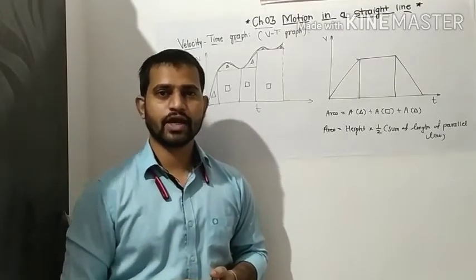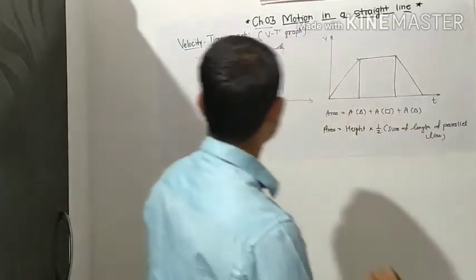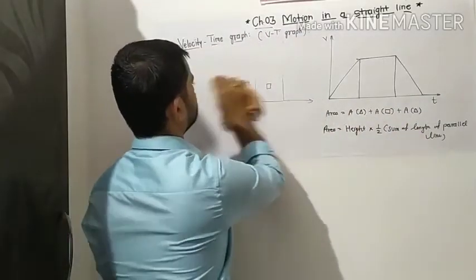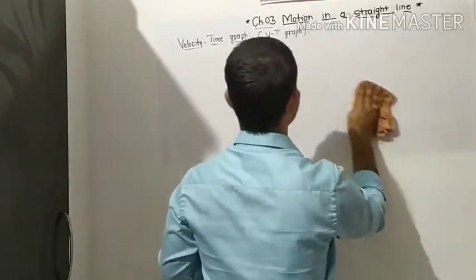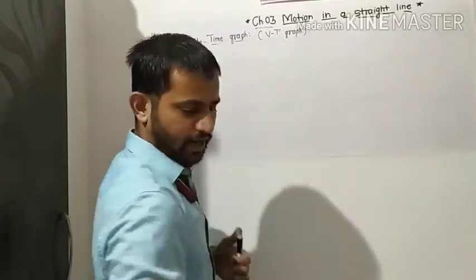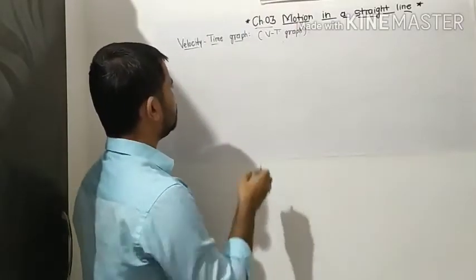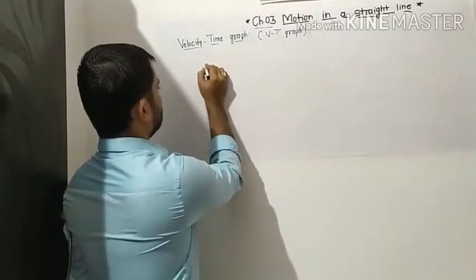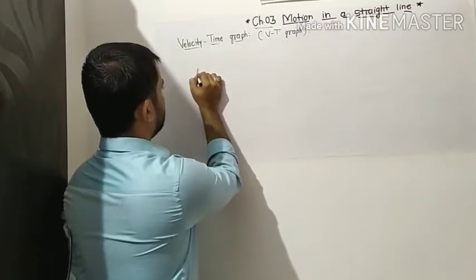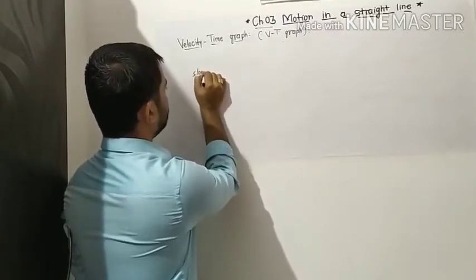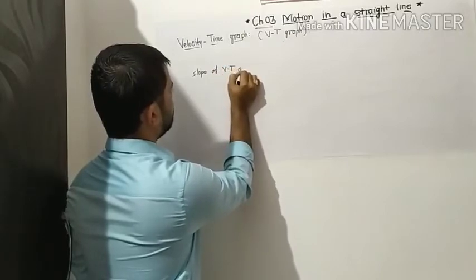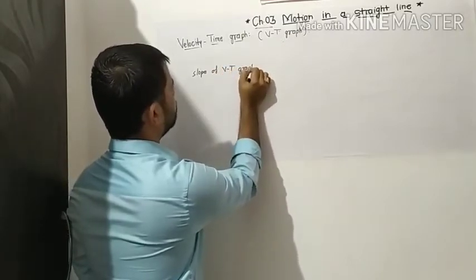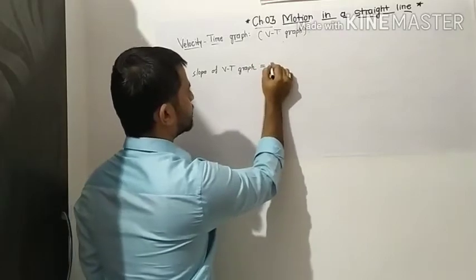So we can write down the summary between the XT curve and the VT curve: the slope of the VT curve or VT graph is equal to acceleration.